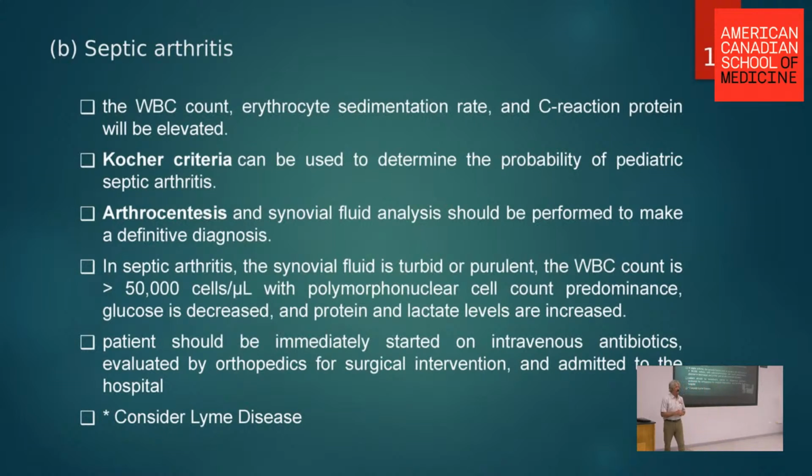And then consider Lyme disease. I'm from Connecticut. Lyme was first recognized in Lyme, Connecticut. We'll talk a little bit about Lyme disease next week when we talk about some of the tick-borne illnesses. But there was a predominance of what they were diagnosing as juvenile rheumatoid arthritis.